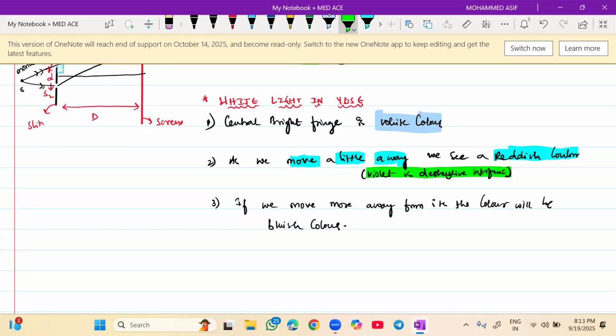This is also a theoretical point you need to remember. What is the central maxima you will be seeing? You will see the central maxima white, followed by reddish, followed by blue color. If you see the violet color, that represents the destructive interference. Am I clear?